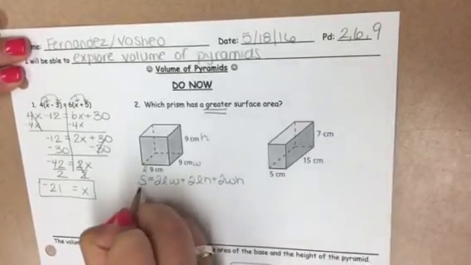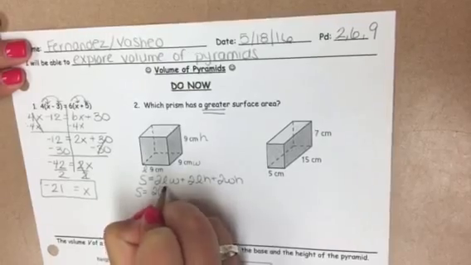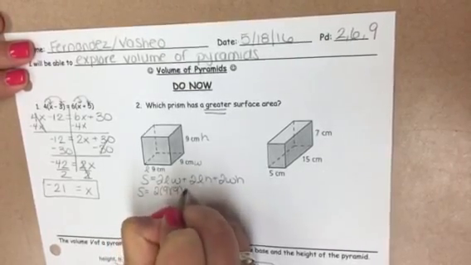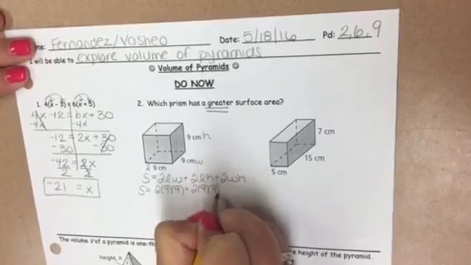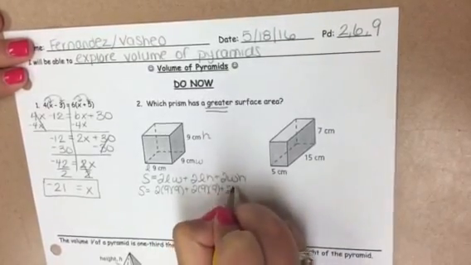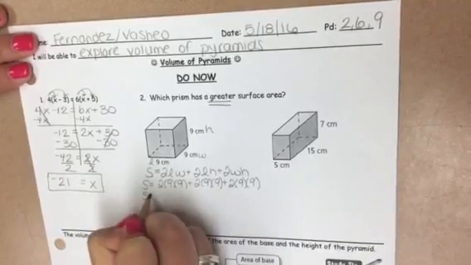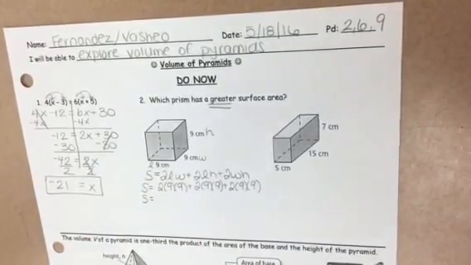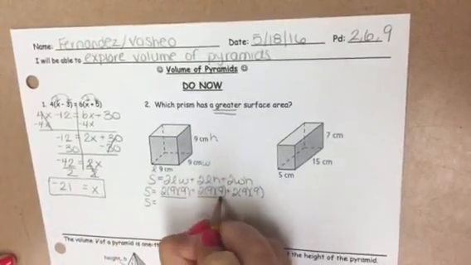Now we substitute in. S equals 2 times 9 times 9 plus 2 times 9 times 9 plus 2 times 9 times 9. When you do this, you need to use order of operations first. So you first do your multiplication.